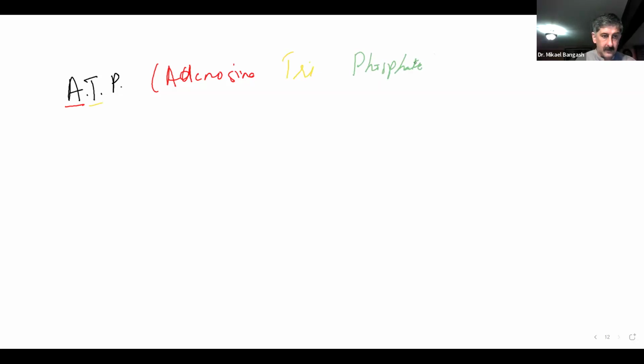So we have a molecule known as ATP, which is mainly a molecule of adenosine with 3 molecules of phosphate attached. That's why we call it ATP.